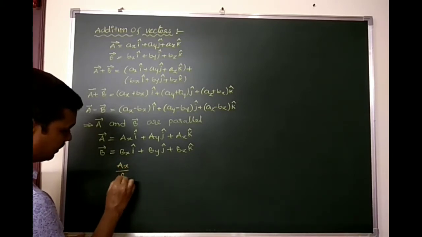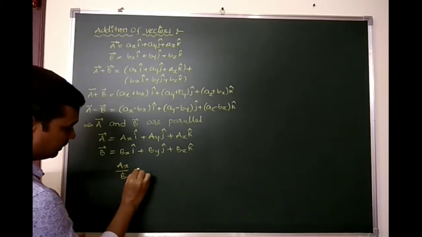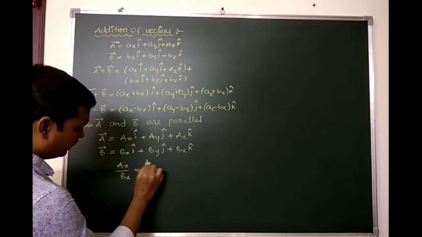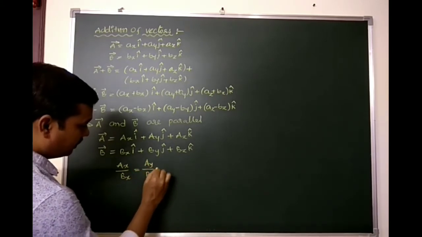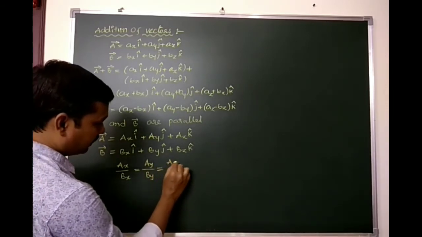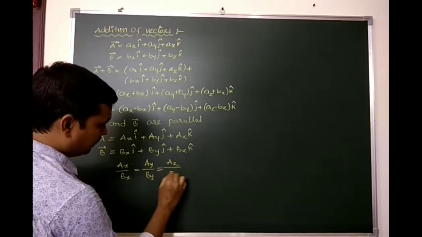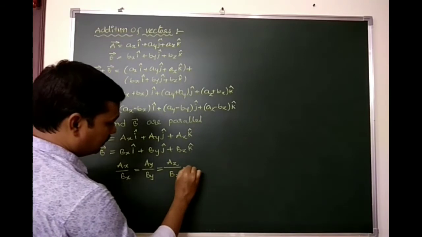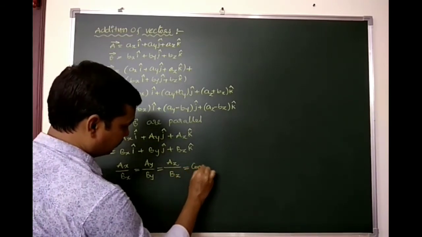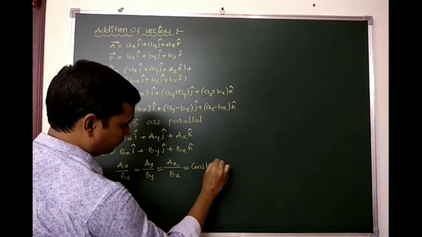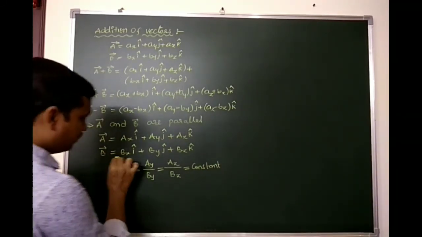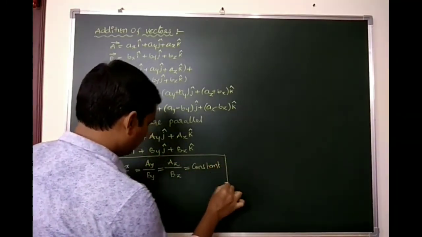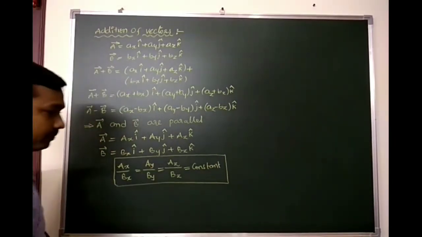Ax by bx equals ay by by equals az by bz equals a constant. When they are parallel to each other, this remains constant.